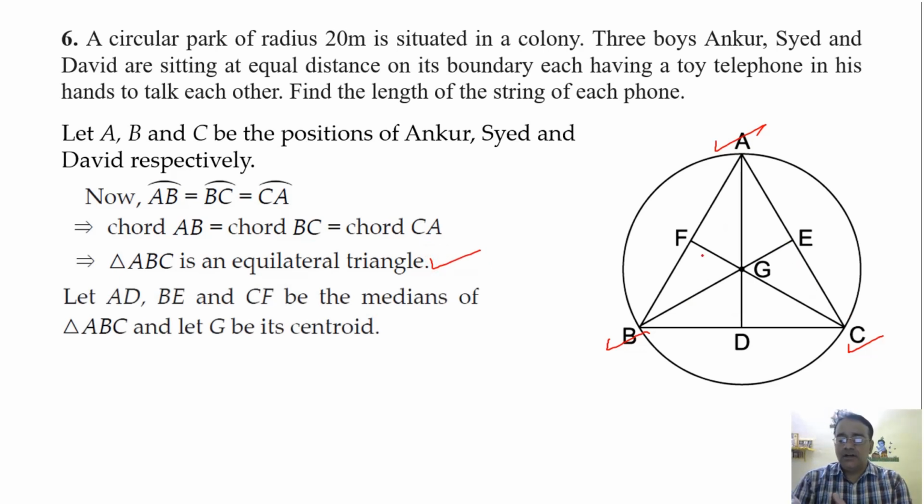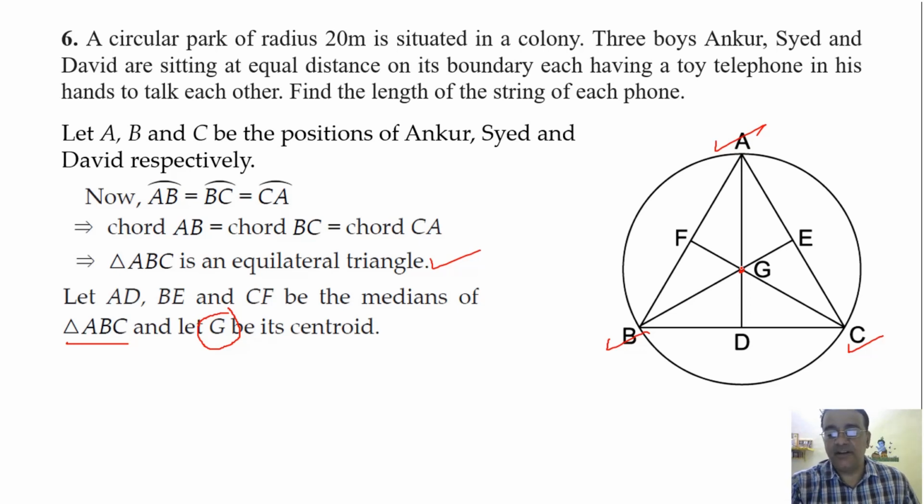नाउ इक्विलैटरल ट्रायंगल का एक बहुत अच्छा इंपॉर्टेंट प्रॉपर्टी क्या है कि जो ऑल्टीट्यूड है और मीडियन है दोनों सेम रहता है. And centroid, orthocenter are also same, right? So AD, BE or CF are the medians of triangle ABC, and let G be the centroid. और G जो है वो सर्कम सर्किल भी है, सेंट्रॉइड भी है, ऑर्थोसेंटर भी है और इन सेंटर भी है.